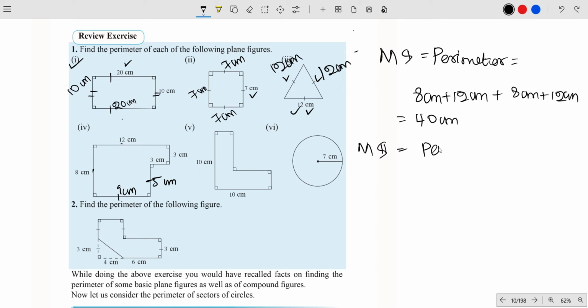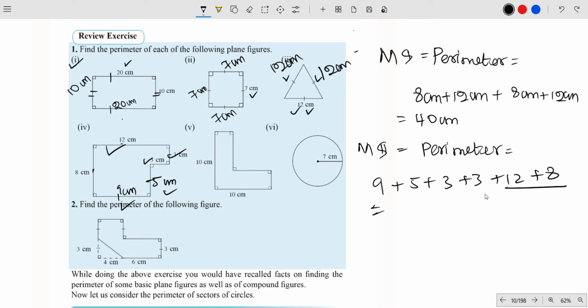So the perimeter is 9 plus 5 plus, you can put some ticks on that so that you don't miss any lengths. So 9, 5, 3, then another 3, then another 12, then another 8. So 20, 28, 31, 40. So the answer will be 40 centimeters for the fourth question.